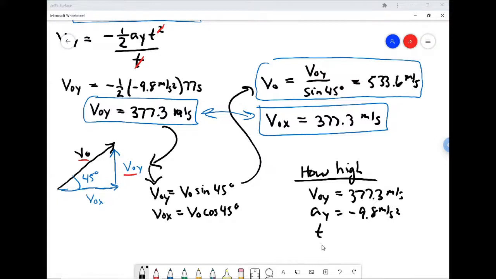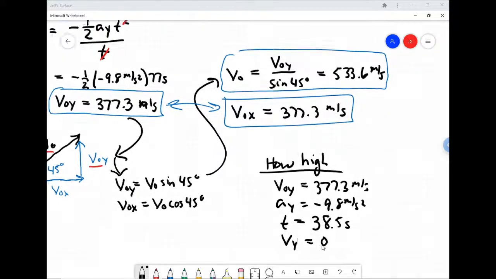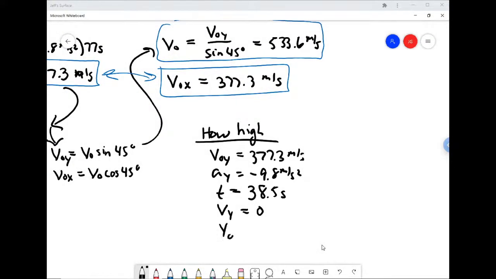And we know the time it takes to get to the top. 77 divided by 2 is 38.5 seconds. And when you get there, you're momentarily at rest. So if you say you start at 0, how high do you go? So all this is a little side problem. Okay.